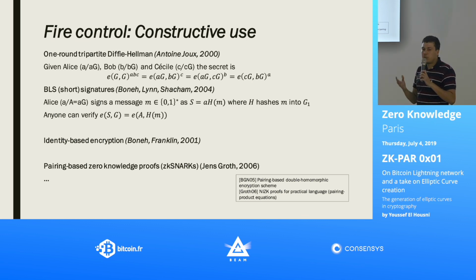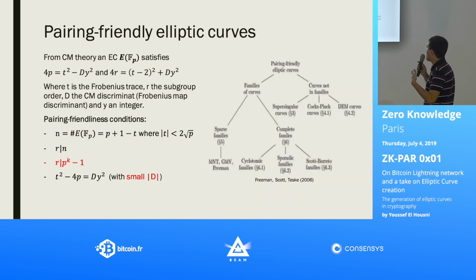But the question is, can we use any elliptic curve? So we have constructions of elliptic curves. We have the same conditions as the ones we've seen in the construction of an ordinary elliptic curve, for example the NIST P256. But here we have this condition that the k should be not too big, not too small. So we need to master this k, we need to control it.